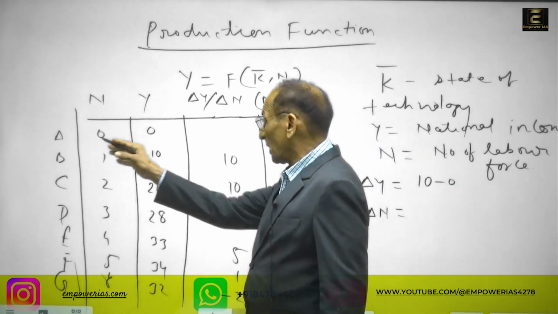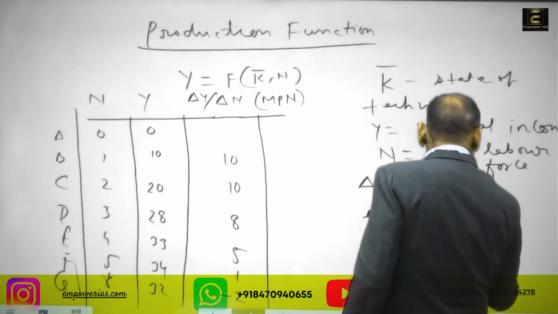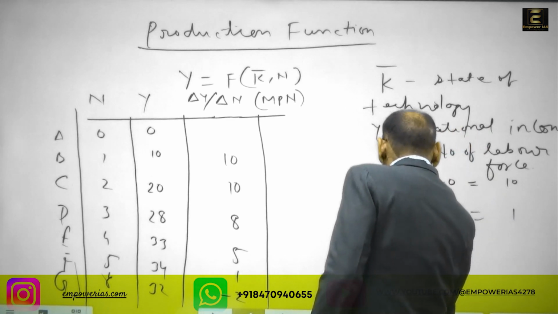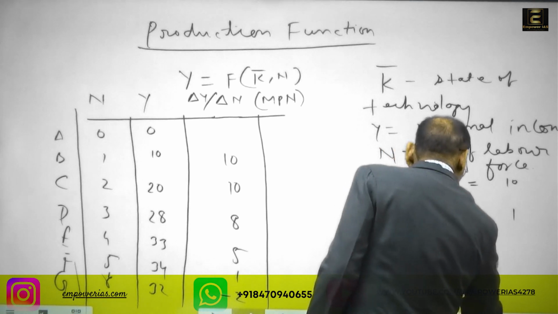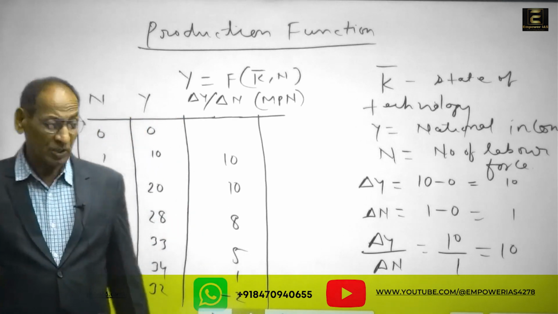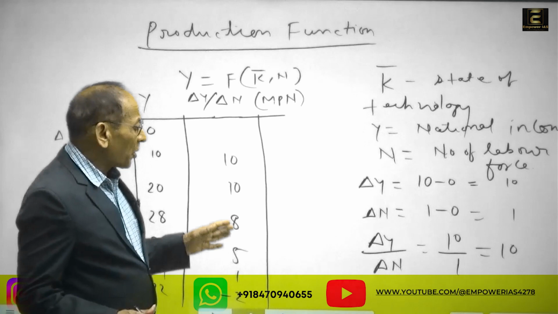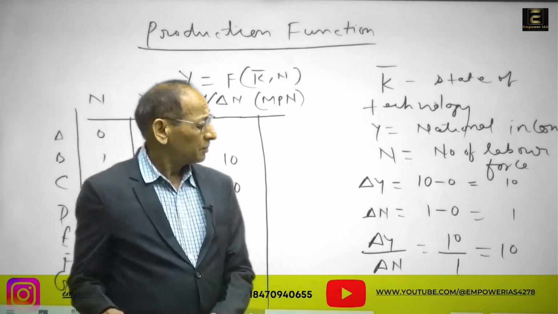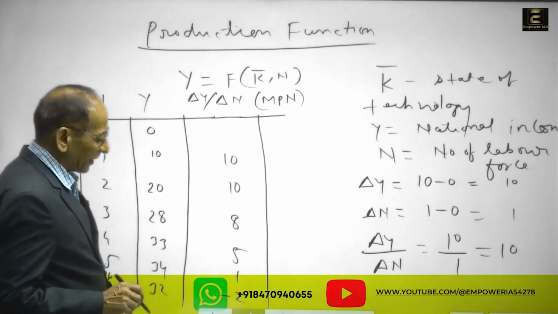The labor column is 1 minus 0, so this is 10, this is 1, then delta y by delta n equals 10 by 1 equals 10. By the same process, we can derive the other numbers. Now we plot this information from the table through a diagram.